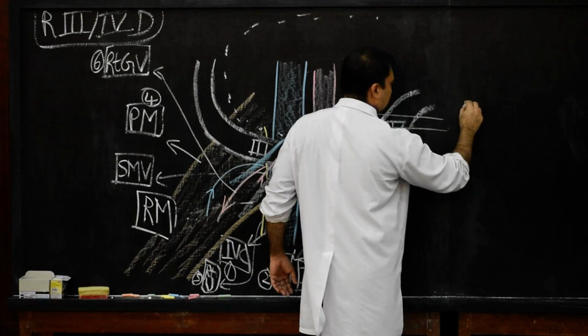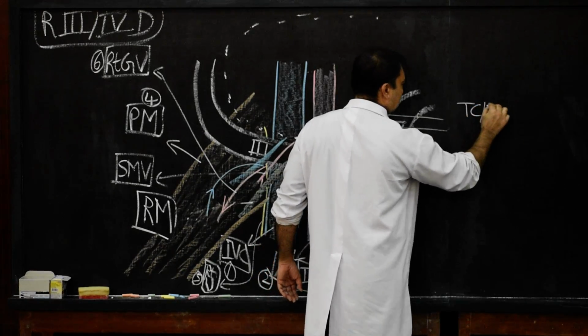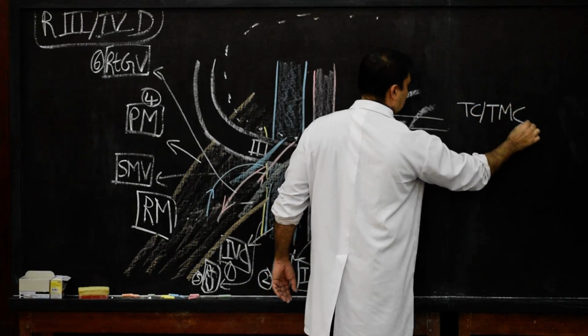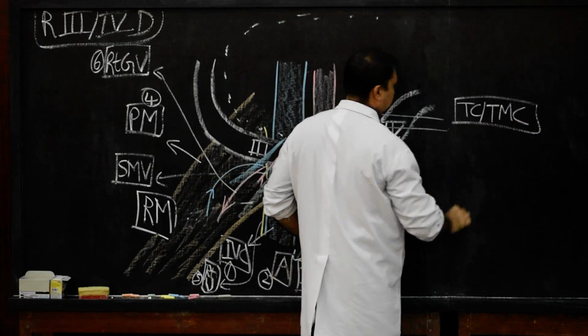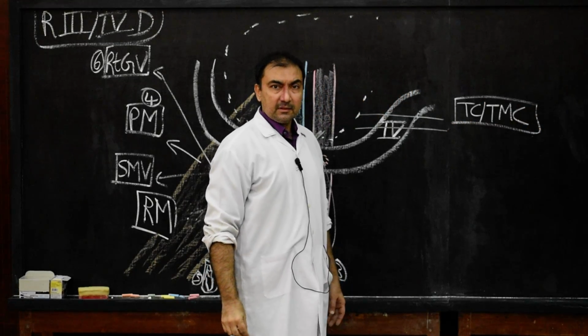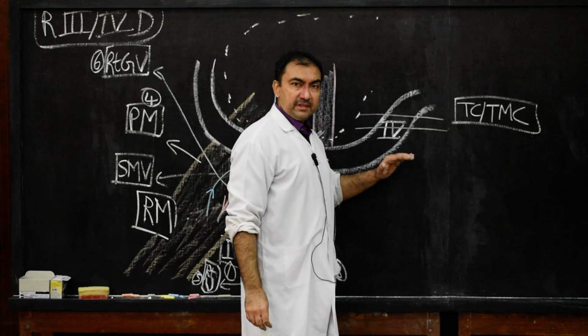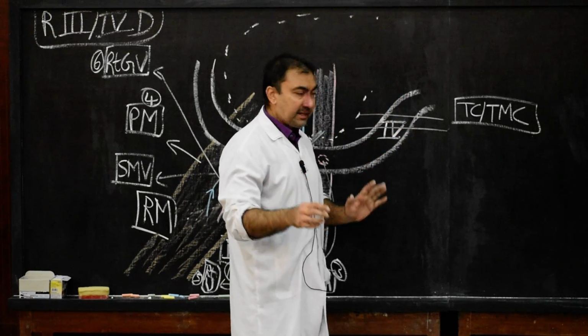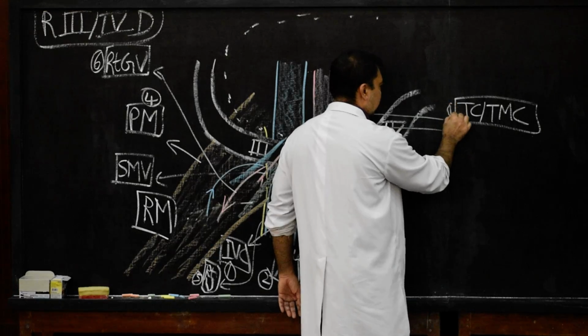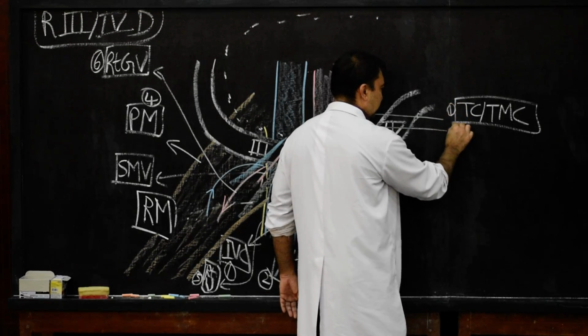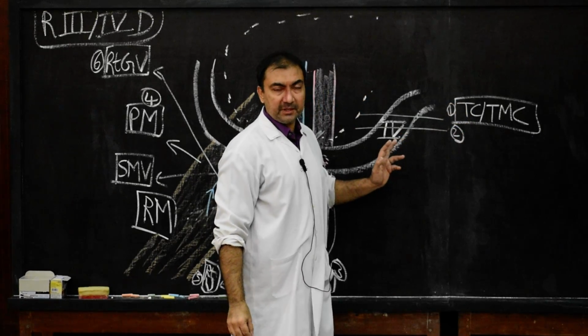Here I need to write over here transverse colon oblique transverse mesocolon, anterior surface. Then there will be, along with this, which we cannot draw, but we need to write the second structure, anterior. Remember, this is the anterior surface of the fourth part, which is very important.